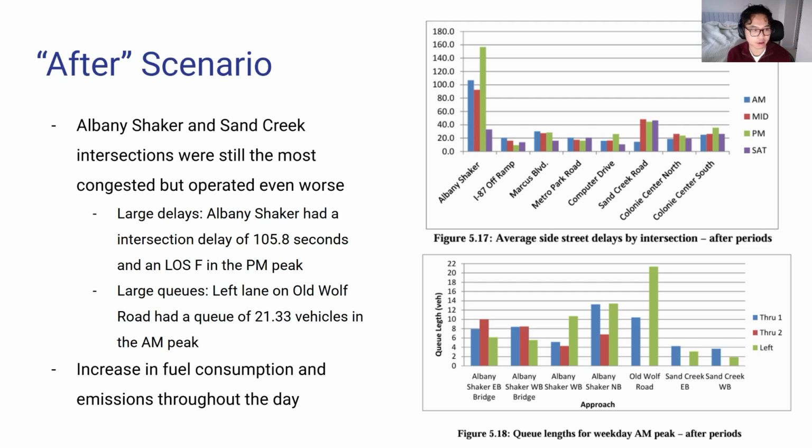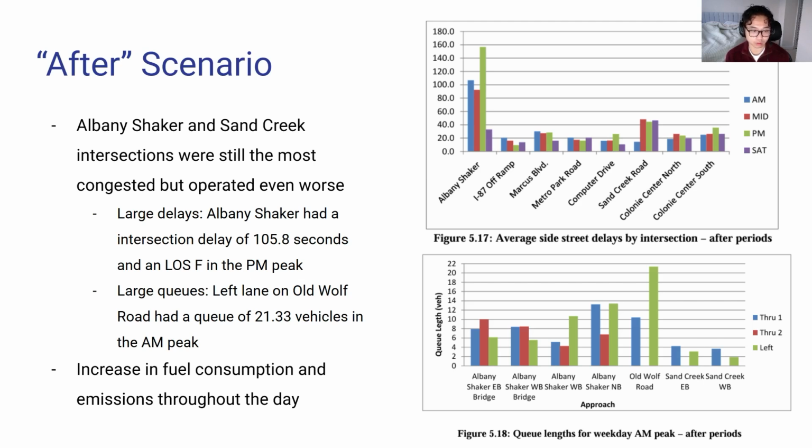So for the after scenario, after ACS Lite was implemented, data was collected again, and as you can see, the two intersections that operate the worst are still Albany Shaker and Sand Creek, but now they operate even worse.